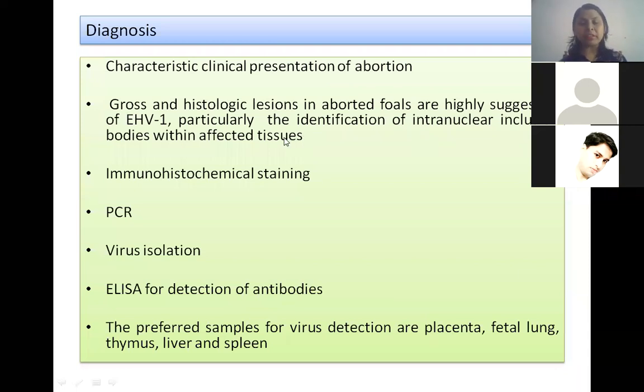Diagnosis can also be done with immunohistochemical staining, PCR, virus isolation, and ELISA can be done for the detection of antibodies. For all these diagnostic methods, the preferred samples for virus detection are placenta, fetal lung, thymus, liver, and the spleen.